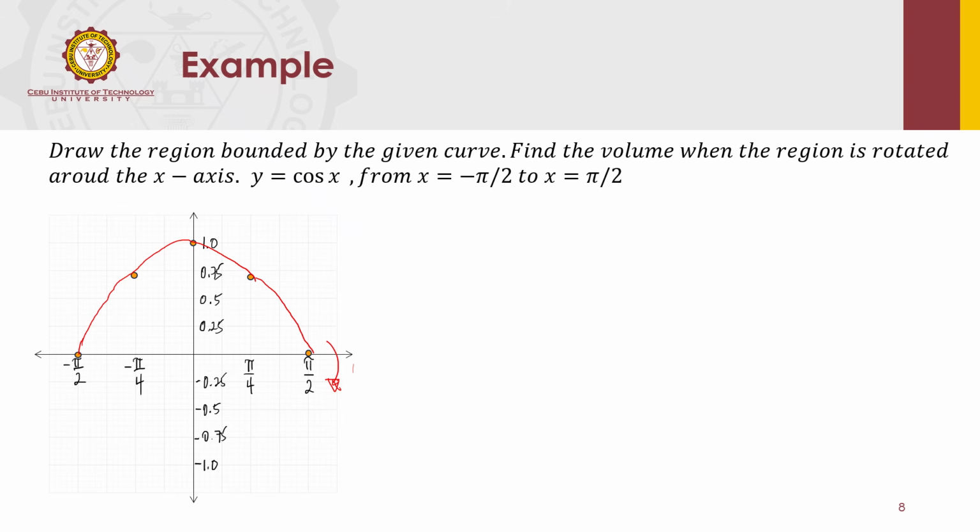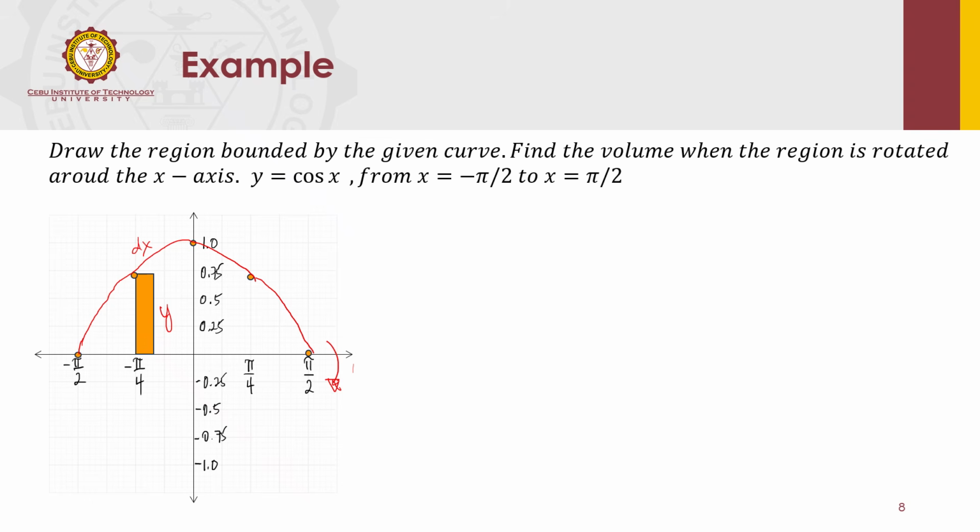Since we're using the circular disc method and the axis of rotation is the x-axis, we must use a vertical strip, same as the previous example. Since there's only one function, our radius would just be equal to y of the given function, meaning cosine of x, and the thickness is dx.